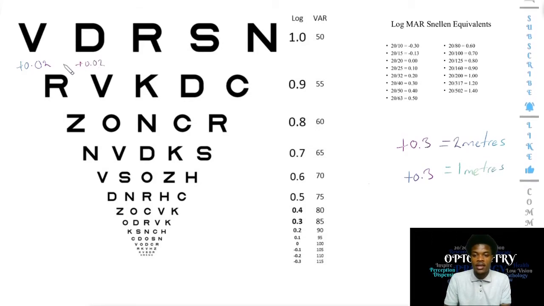We need to add 0.02 for every letter missed. So in this case the person missed 2, we need to add 0.04. So just to make sure we break this down and that you understand properly, let's use some examples.